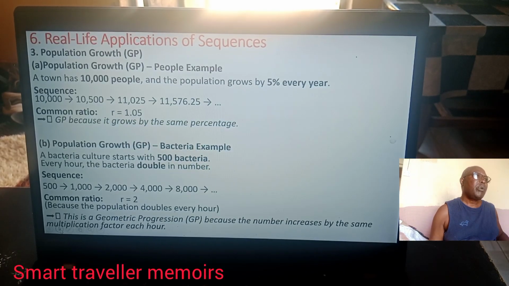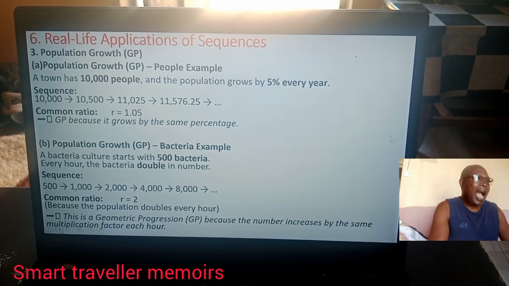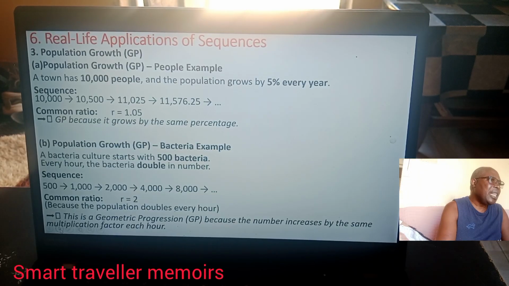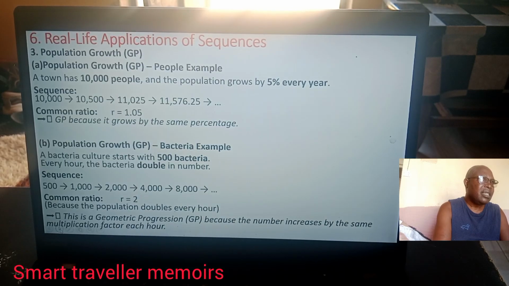Number 3, population growth. Population growth concerning people: a town has 10,000 people and the population grows by 5% every year. The sequence is 10,000. The next one will be 10,500.